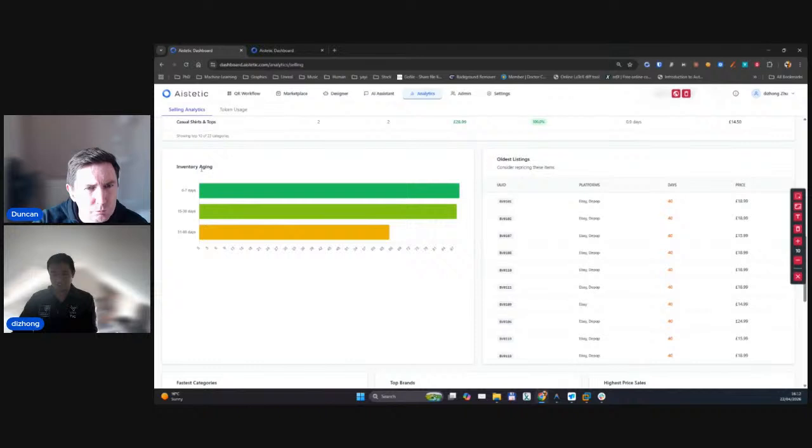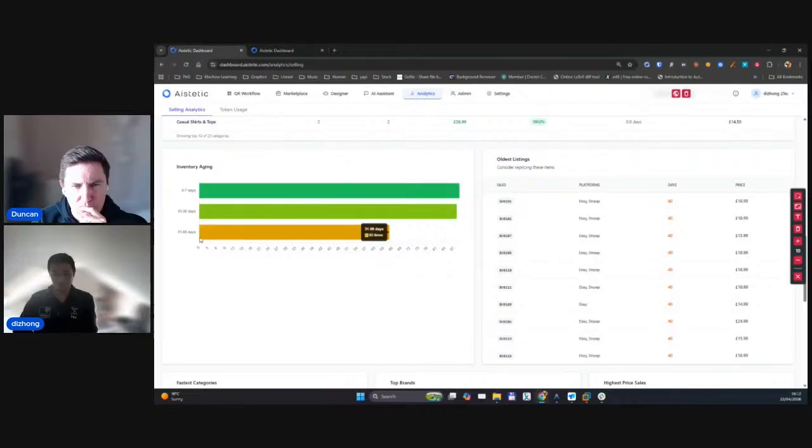also you can monitor your inventory aging. As Duncan said, we want to keep as many items as possible within 7 days of the publish listing date, but it depends on the platform. On Vinted, you always want to list within 7 days or 2 weeks.